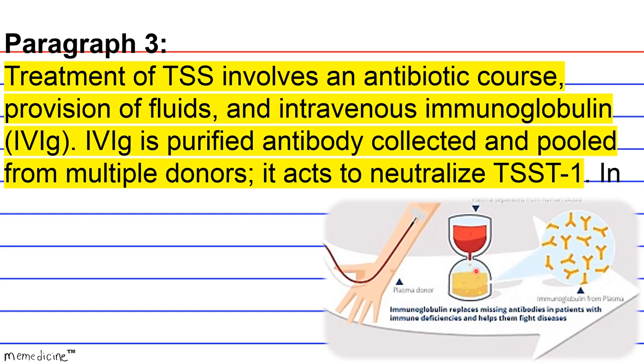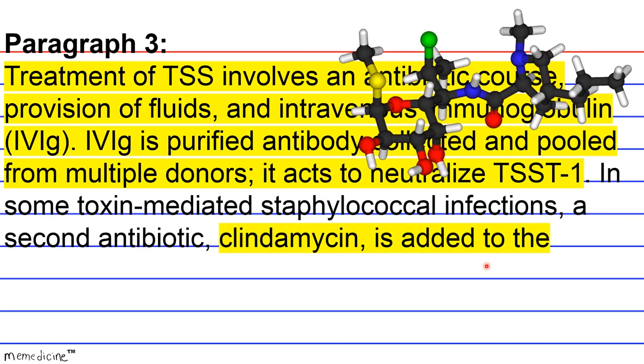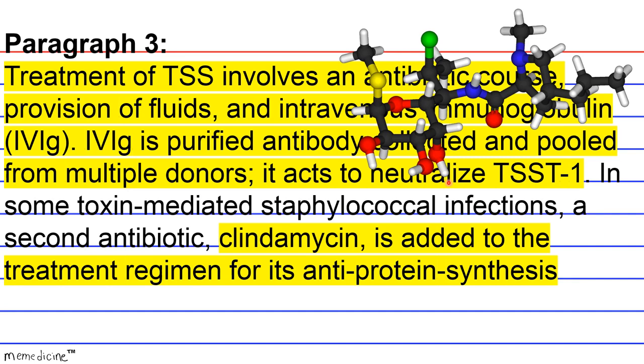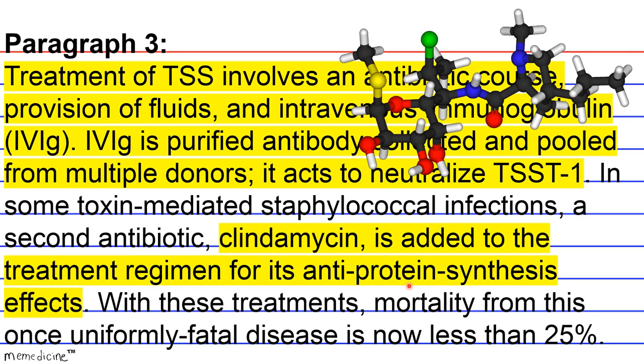It acts to neutralize TSST1. In some toxin-mediated staphylococcal infections, a second antibiotic, clindamycin, is added to the treatment regimen for its anti-protein synthesis effects. With these treatments, mortality from this once uniformly fatal disease is now less than 25%.